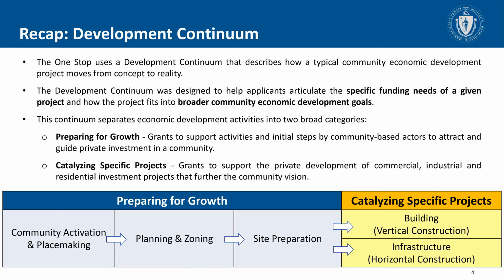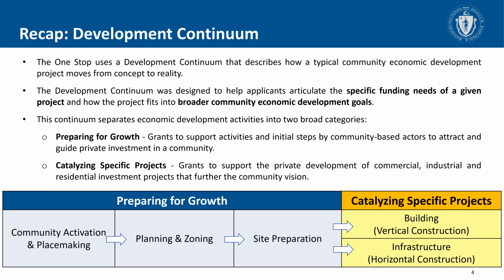It represents the life cycle, as we see it, of any major community development project, from the initial stages of community envisioning to final construction. Applicants should look to the development continuum as a guide for where their project might fit within the One Stop. All projects submitted to the One Stop should fit within a single development continuum category.